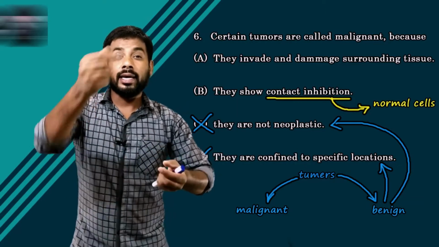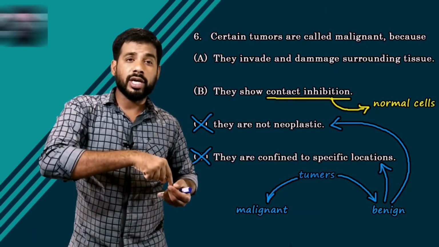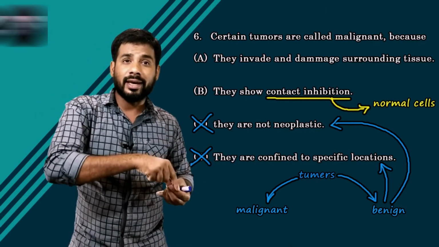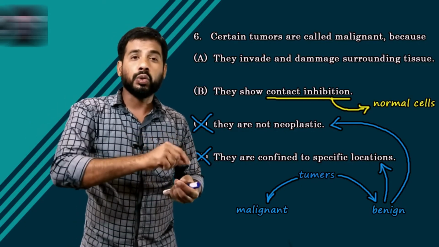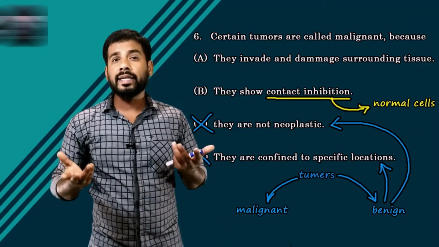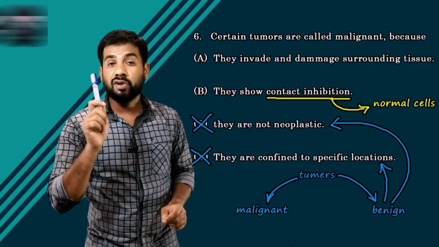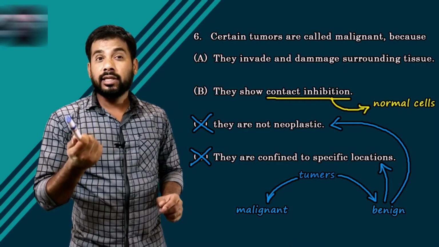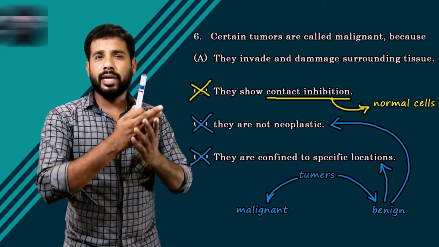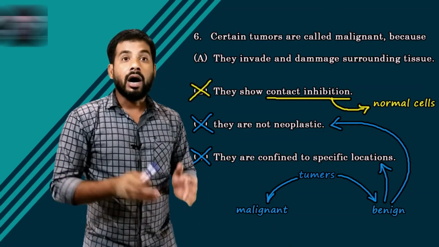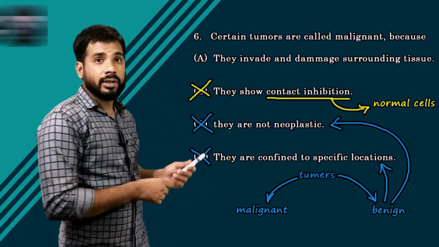That is inhibiting the growth and replication of that cell by the neighboring cell through its contact. That is what is called contact inhibition. It is a property of normal cells, but cancerous cells do not have that property. So eliminate option B.